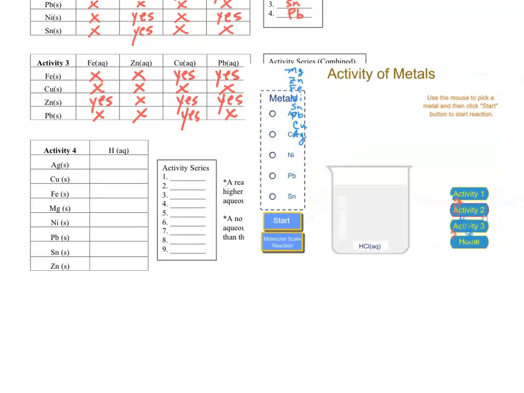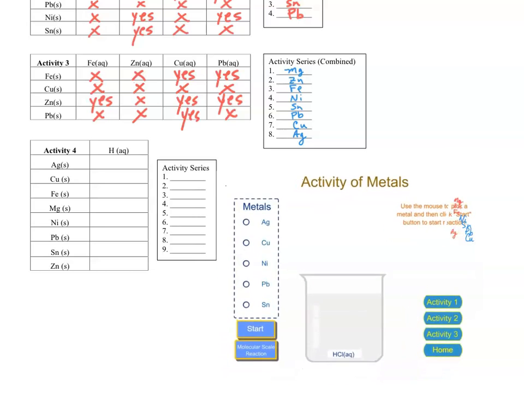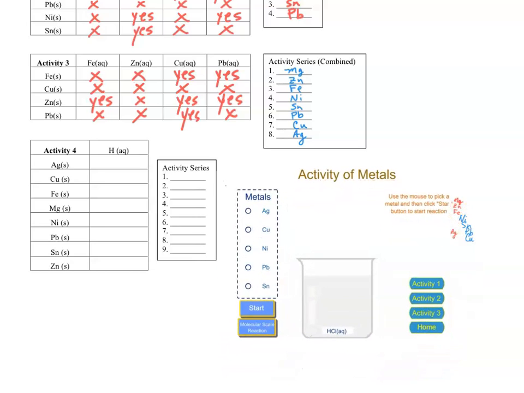Here, the only additional thing that we're going to add to it is an activity with hydrogen. All right, in this case, the solution is HCl, hydrochloric acid. So we're going to do an activity where we dip each of the metals into that and see what happens.